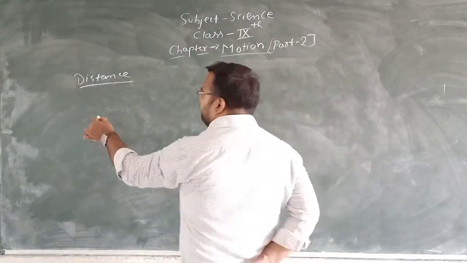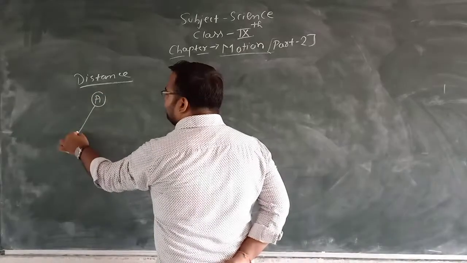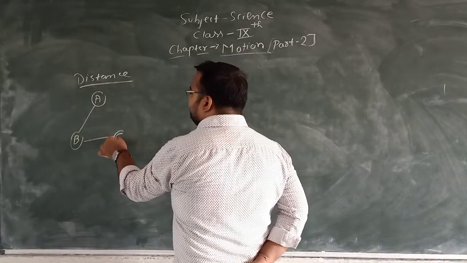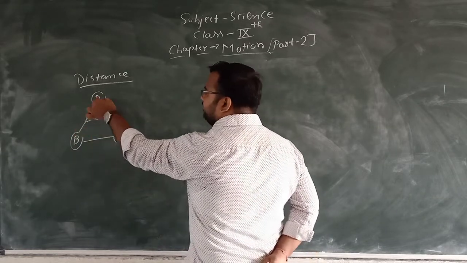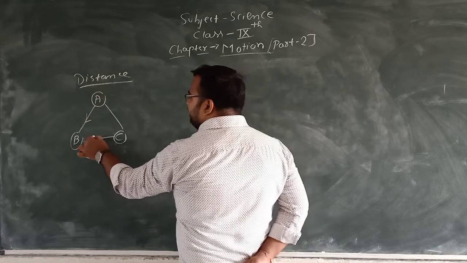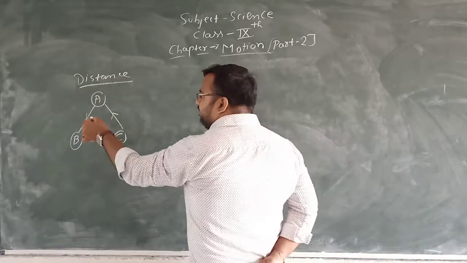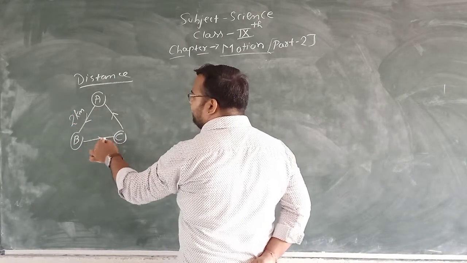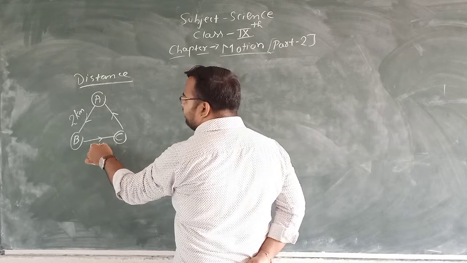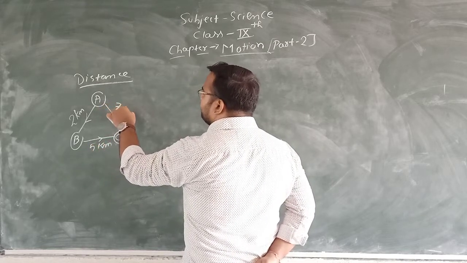Now, if I have three positions, A, B and C, and an object starts its journey from A to B, then B to C and C to A. A to B is 2 km, B to C is 5 km and C to A is 7 km.